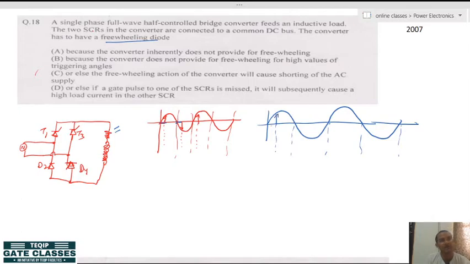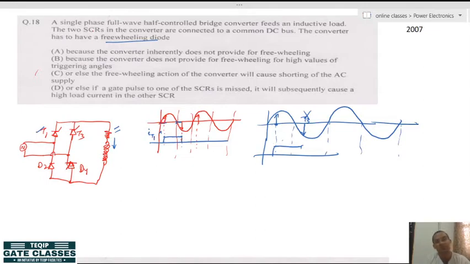You have fired T1 here, but if somehow you forget to fire T3 here, if T3's gate pulse is missed, then due to the continuous nature of the inductor current, T1 has to remain turned on. Earlier, if the firing pulse was not missed, IT1 was conducting from alpha to alpha plus pi.